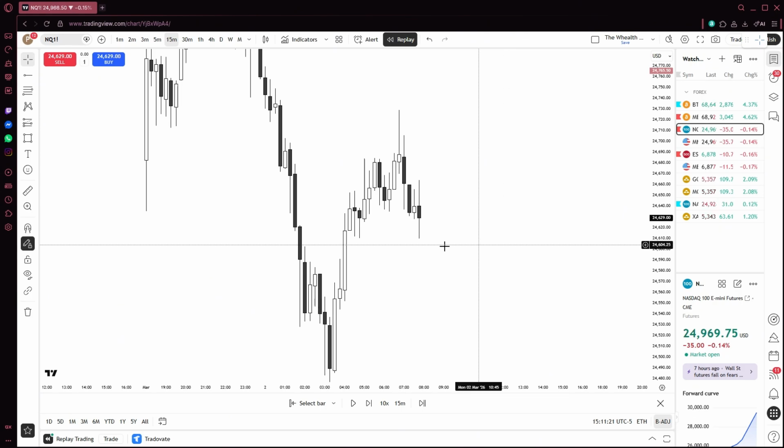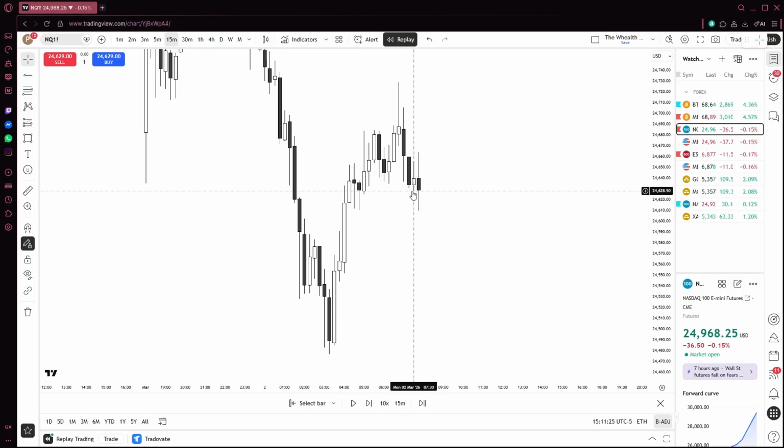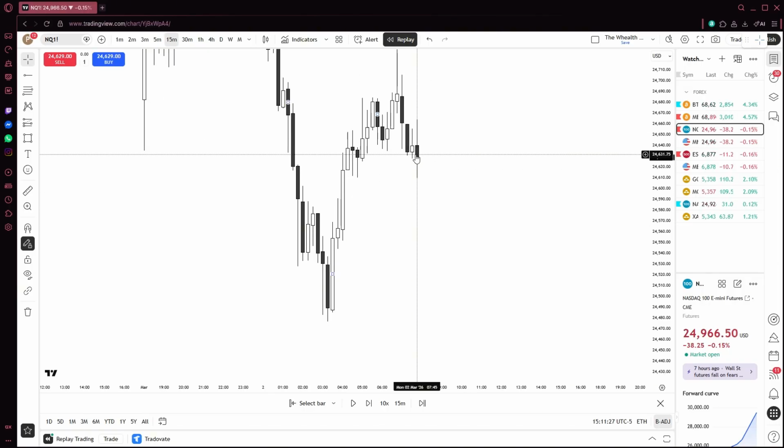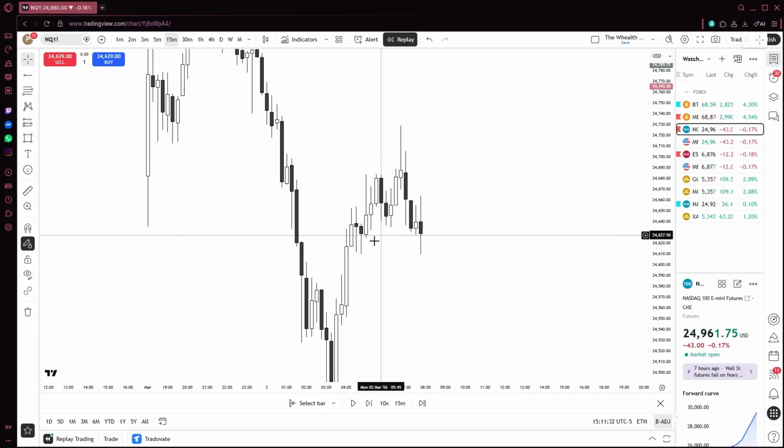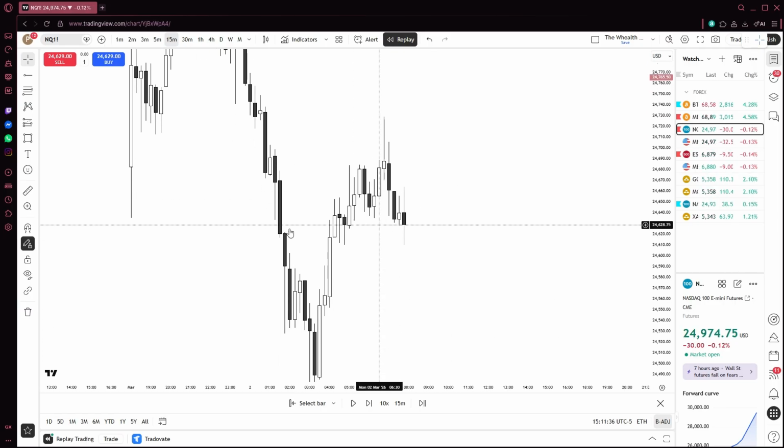Most important for me. After we swept this liquidity, there is no need for us to go from here all the way down to here and then shoot up. We swept enough liquidity to go to the next liquidity.